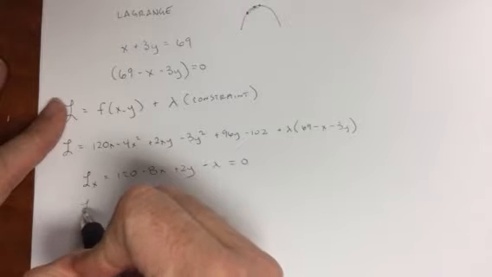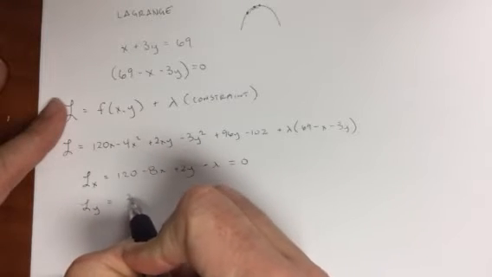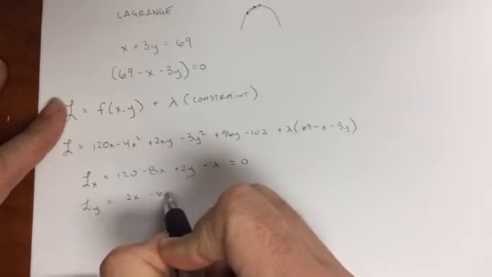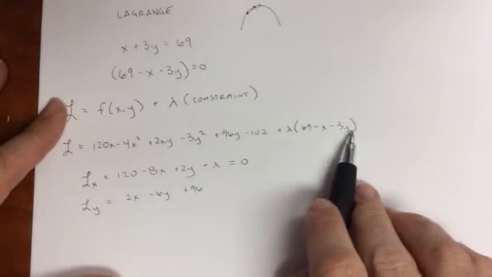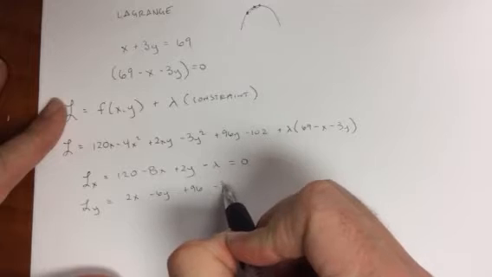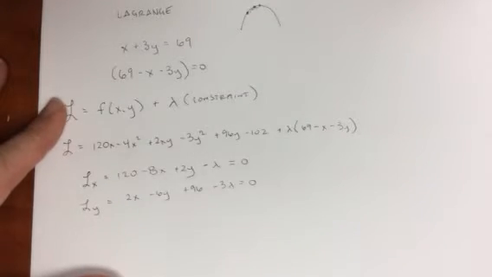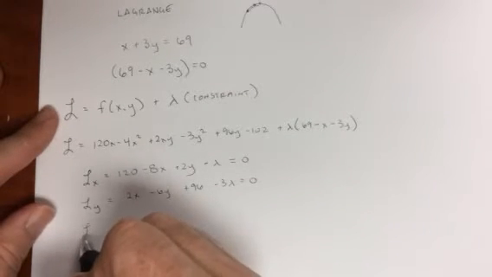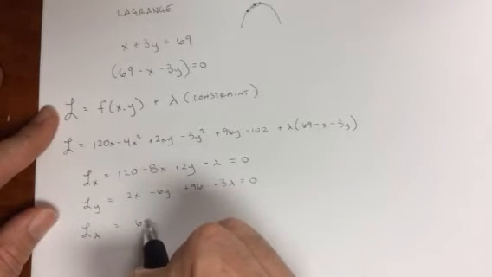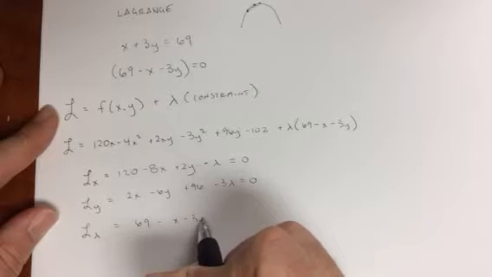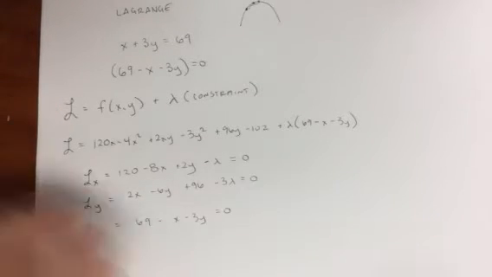If we do our partial with respect to y, we'll get 2x minus 6y plus 96. Here we have lambda times minus 3y, so it'll be minus 3 lambda is equal to 0. And lastly, we take the partial derivative with respect to lambda, which is just equal to 69 minus x minus 3y is equal to 0.